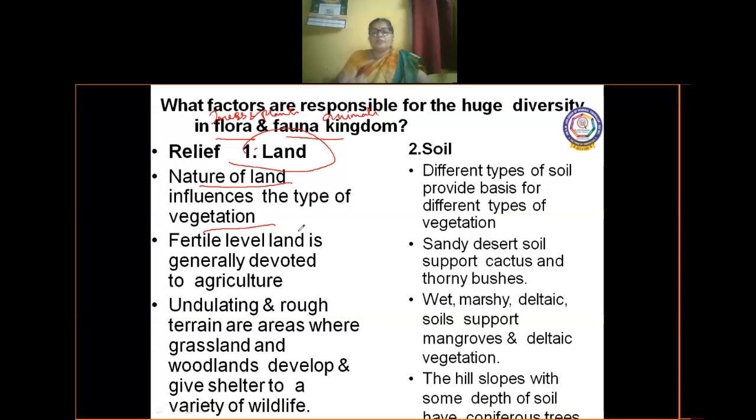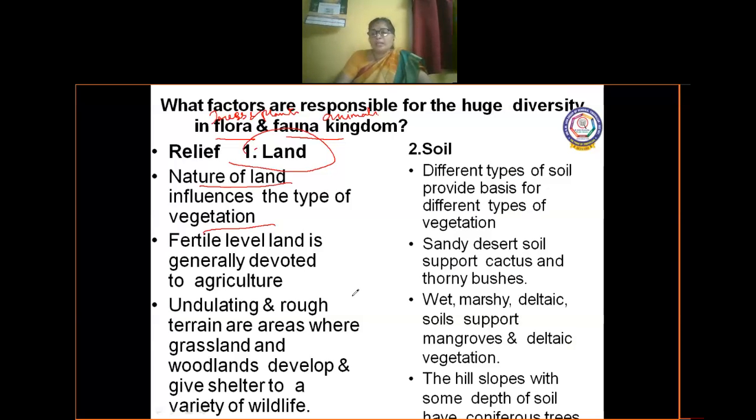Now the various climatic zones have an influence over the land. Which are the zones that are influenced by various climates? They are called climatic zones.